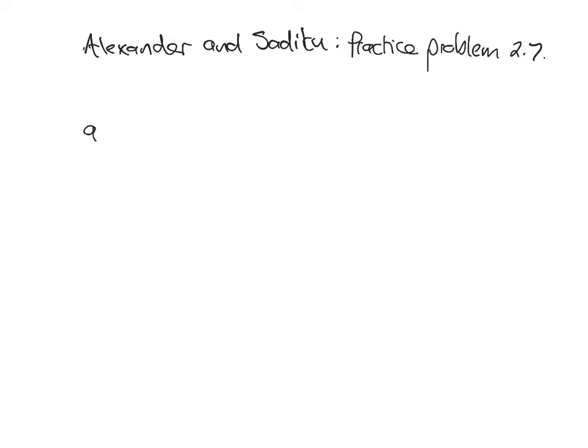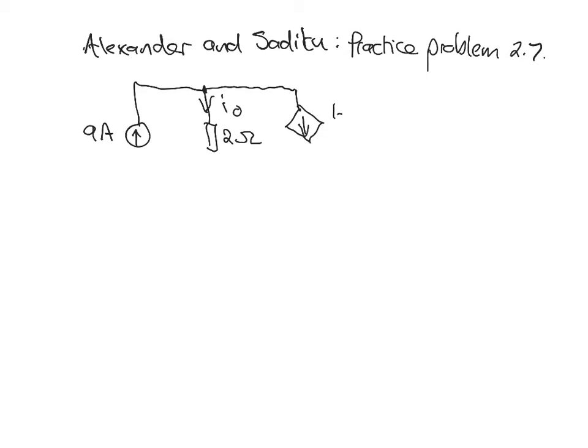There's a 9 amp current source, and then there's a resistor of 2 ohms, and it's got flowing through it a current of I_O. And then there's a dependent current source, and the current of the dependent current source is I_O divided by 4.